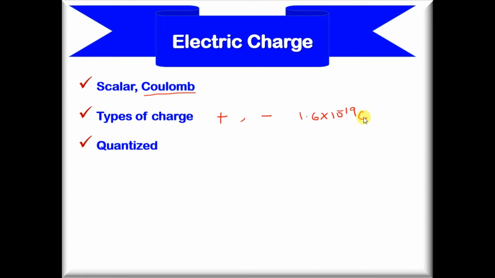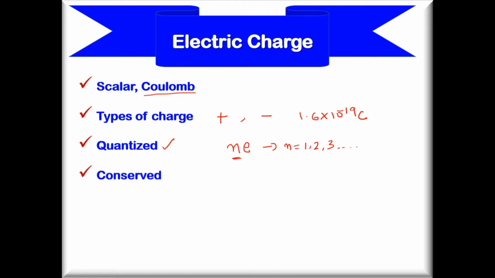If you are able to represent a physical quantity as an integral multiple of something, in this case the charge of an electron, we can always represent charge as n times the electron charge, where n is equal to 1, 2, 3, and so on. That means electric charge can be represented as an integral multiple of 1.6 × 10^-19 coulomb. So that's why we say electric charge is quantized.